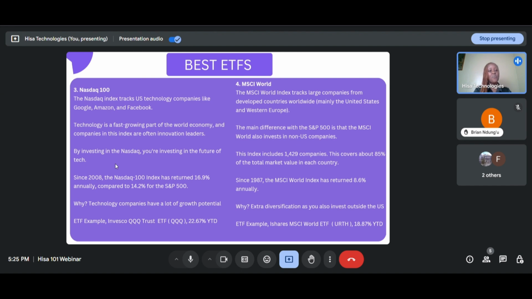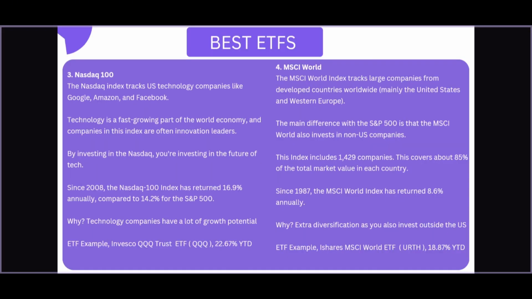And an example of an ETF that tracks the MSCI World Index is the iShares MSCI World ETF, and you can see the ticker symbol, which is URTH, and this ETF has returned 18.87% year to date. Right?